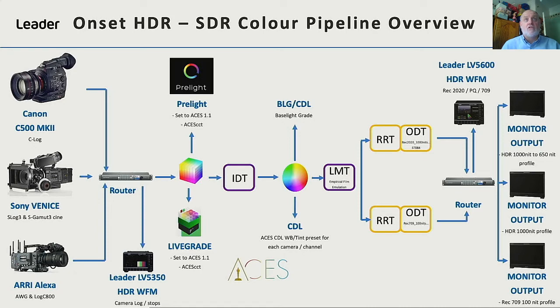The Output Device Transform, ODT, provides a guideline for rendering the large gamut and wide dynamic range of the RRT to a physically realized output device with limited gamut and dynamic range. And as you can see here, we have three different monitors with different ranges.